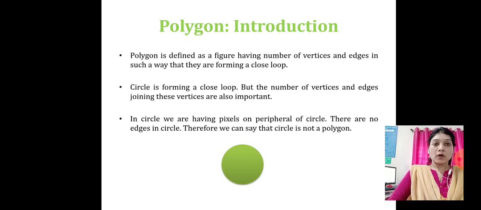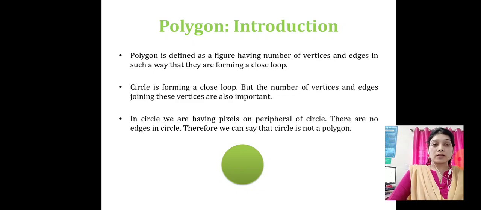Next, a polygon is also defined as a figure having a number of vertices and edges in such a way that they form a closed loop. This is another definition of polygon. A circle forms a closed loop, but the number of vertices and the edges joining those vertices are also important. Whenever I say a triangle or a square, it is mandatory that we have edges and vertices.